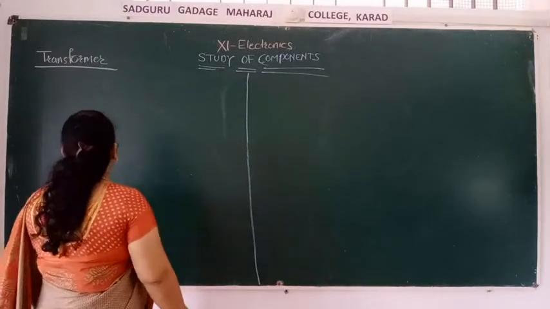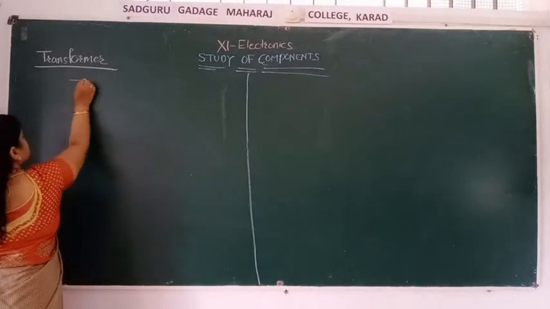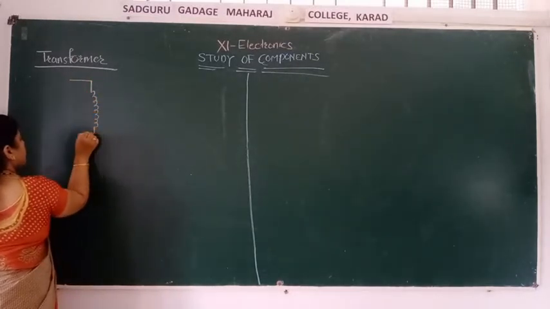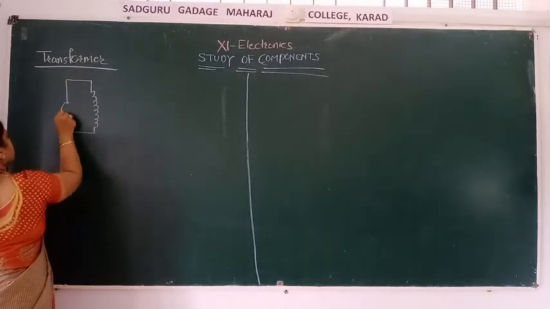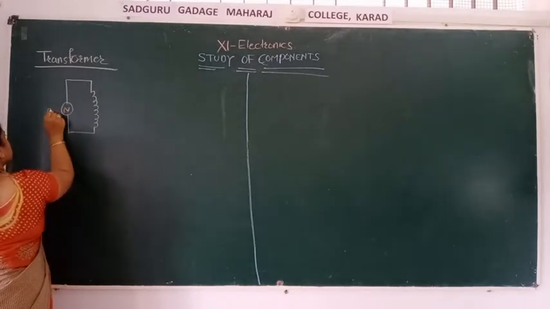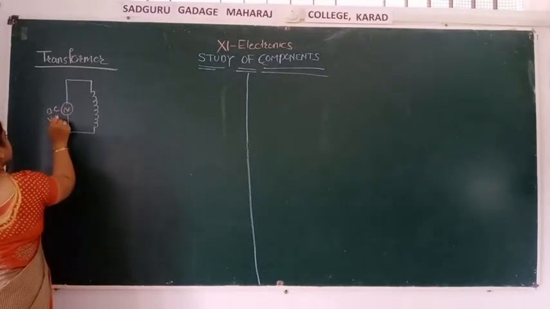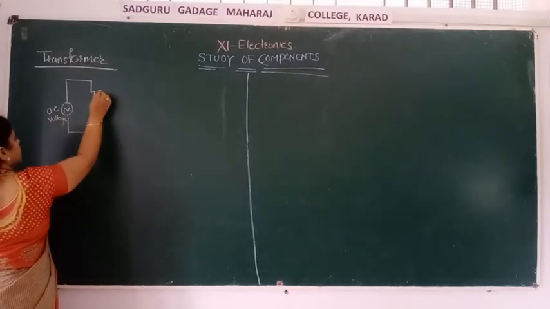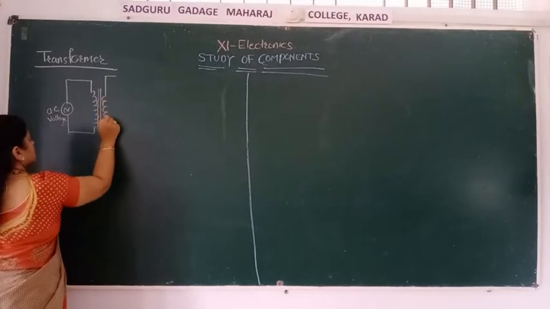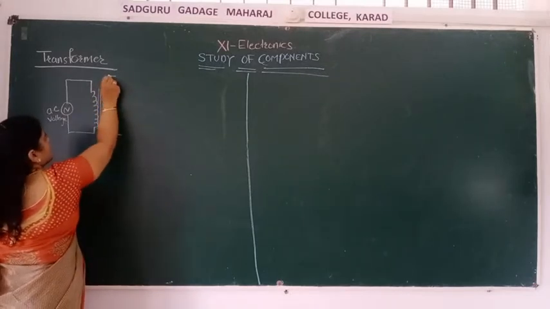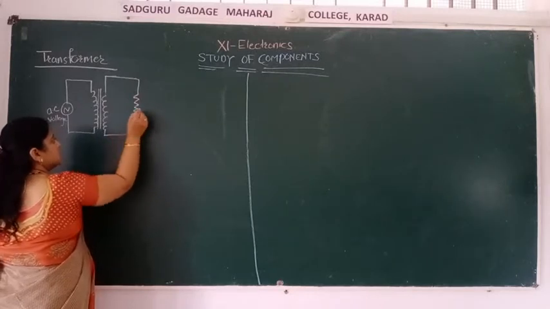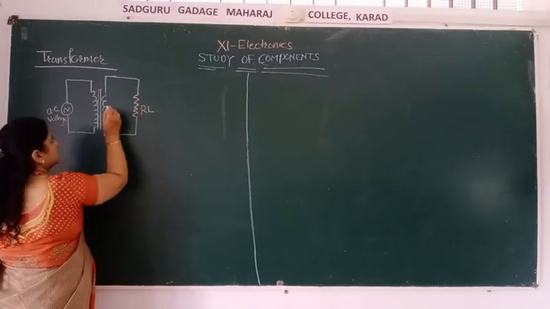The diagram for the transformer is like this. This is the AC voltage connected. Here one resistor, the load resistor RL, is connected.